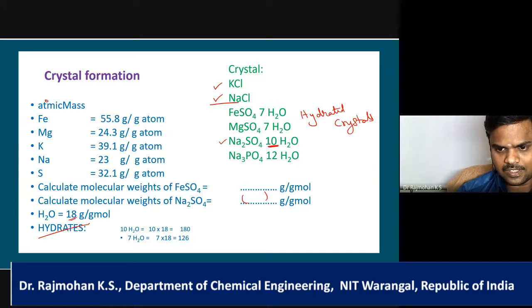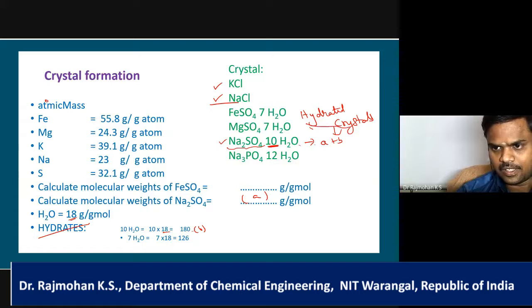So once you calculate this as A and let the water part be B, the molecular weight is A plus B. What is that A? The molecular weight of Na2SO4, plus 10 times the molecular weight of water, which is 180. So this gives us the molecular weight of the hydrated crystal.